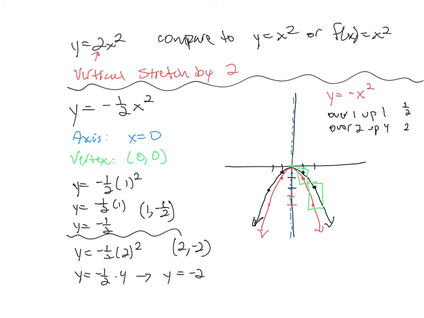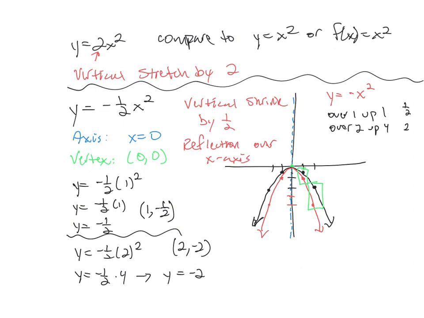Okay, so when the distance is getting smaller, we're going to graph this. And when we do the compare, we have what's called a vertical shrink, because the distance is smaller by 1/2. And because it's upside down, we have a reflection over the x-axis.